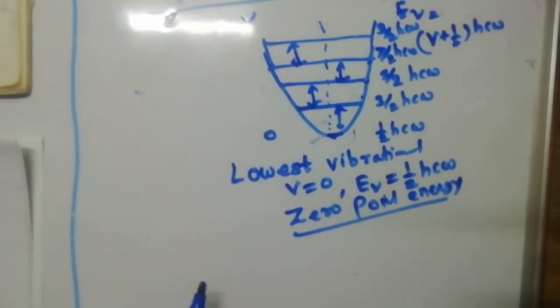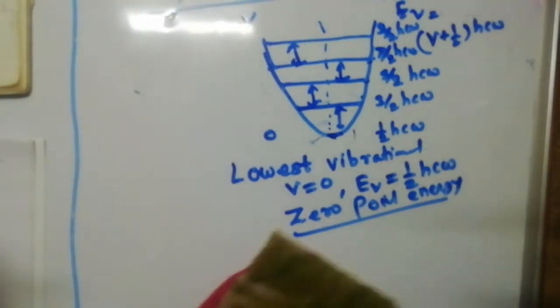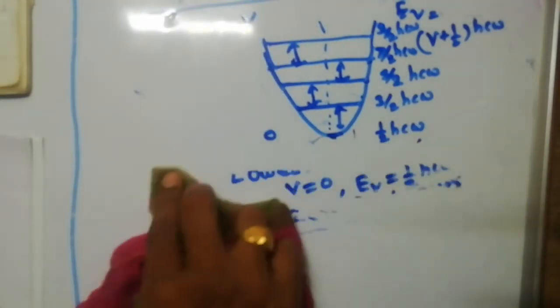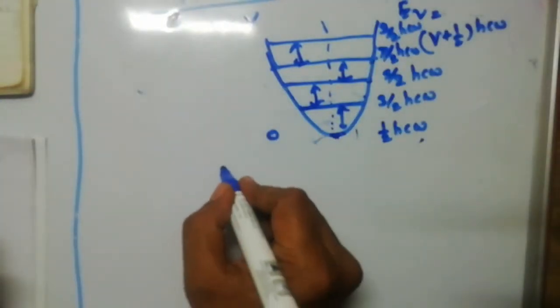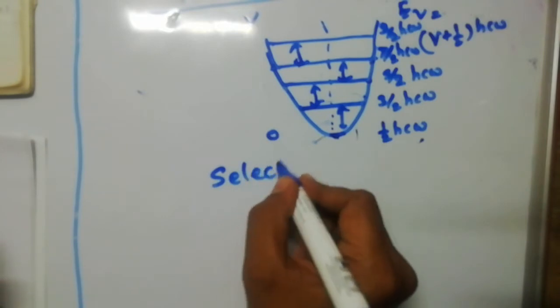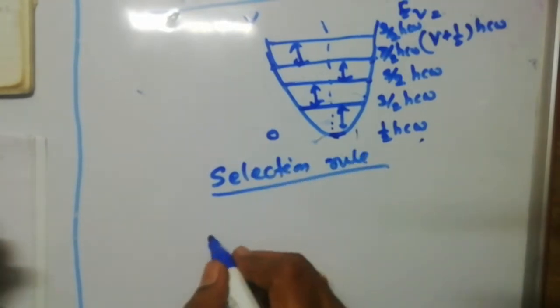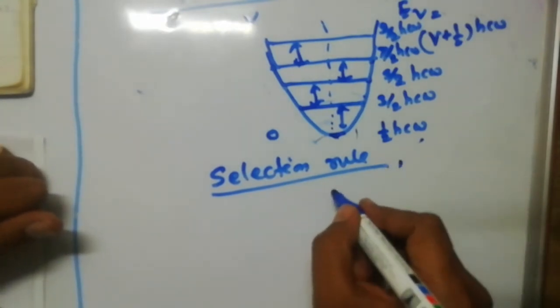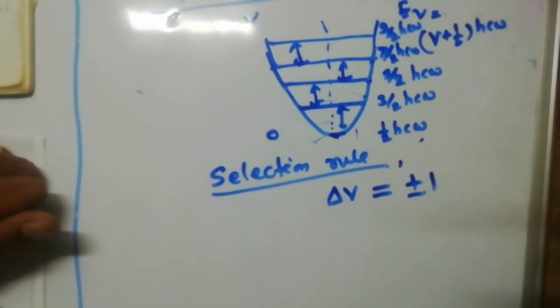Now you know how the energy levels are quantized. The next step is the selection rule: which transitions are allowed and which are not allowed? This is depicted by the selection rule. For the pure vibrational spectrum, the selection rule is delta V equal to plus or minus 1.